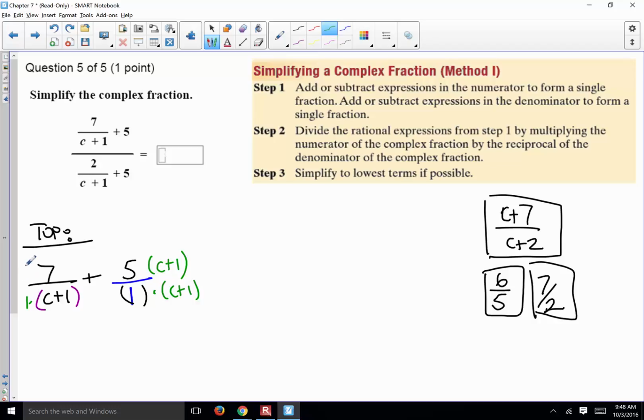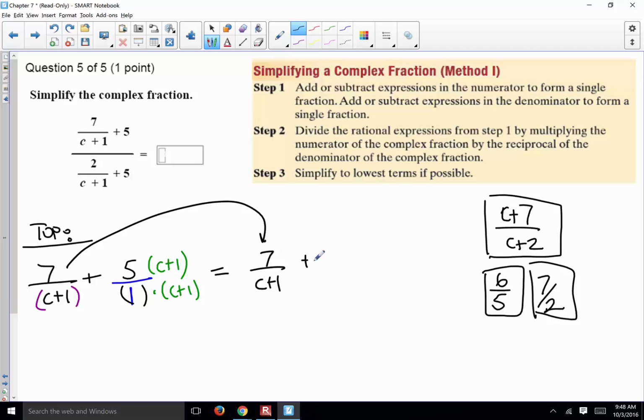But we need to multiply this side by 1 so you can get this 1 here. Not necessary. This is redundant. It's not necessary because 1 times anything is that thing. Multiplying by 1 doesn't change anything. This is optional. So 7 over c plus 1 is the left side.